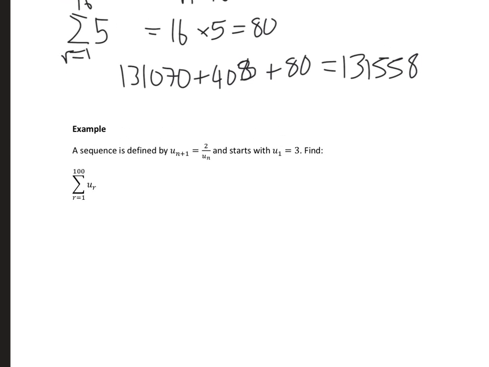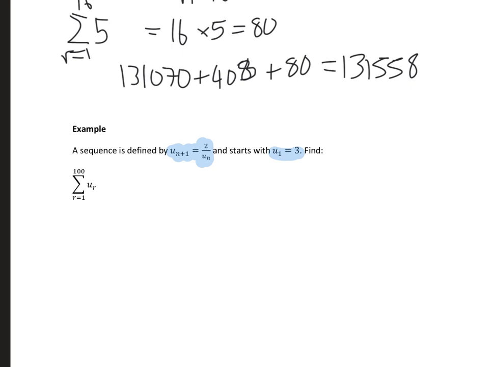Here, a sequence is defined by, this time we've got a term-to-term rule. So the next term is 2 over the current one, and it starts with u1 is 3. Well, for this one, there's no formulas for when they're written like this. They're only formulas when they're position determined rules. So let's write out the first few terms, see what happens.